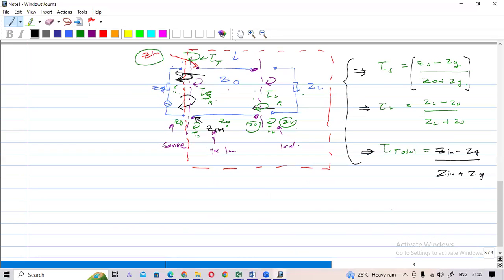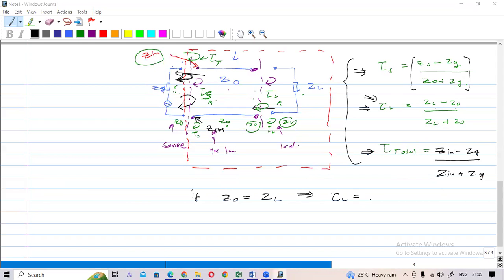If you consider this one, if ZL is equal to Z naught, what happened to tau L?